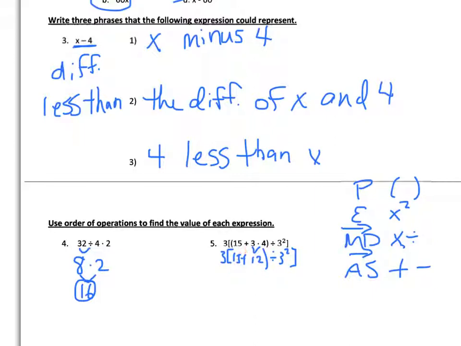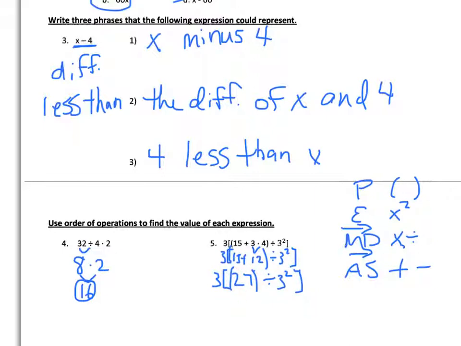Got to finish off the innermost parenthesis first. So, 3, bracket, 15 plus 12. 15 plus 12 is 27. Okay, 27. All right, now I can't do anything more with this, so that's good.